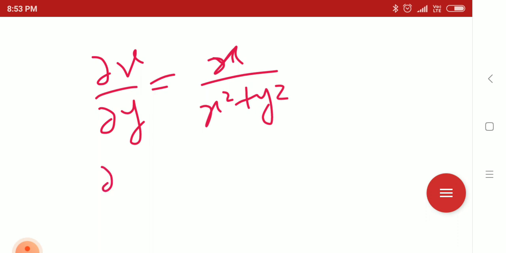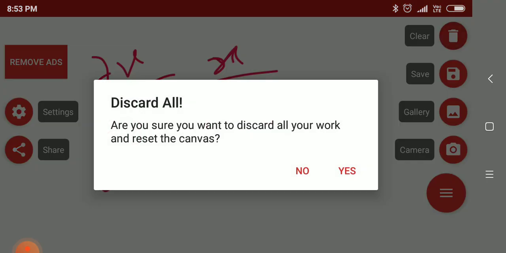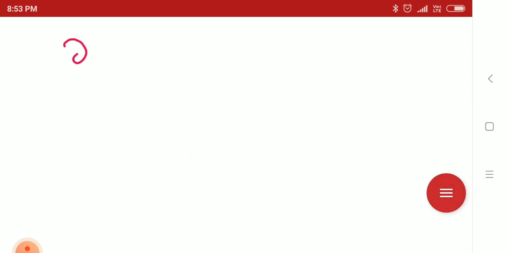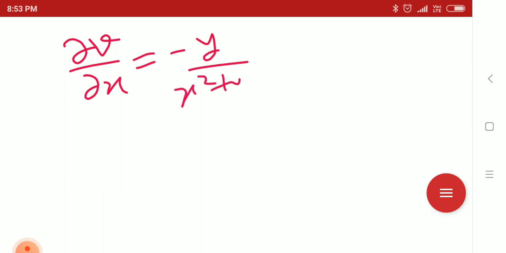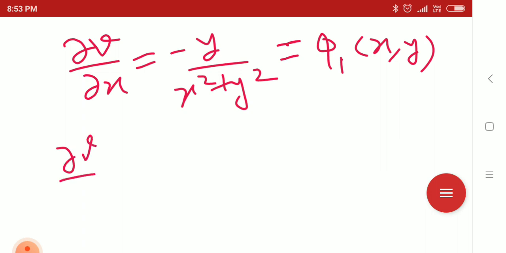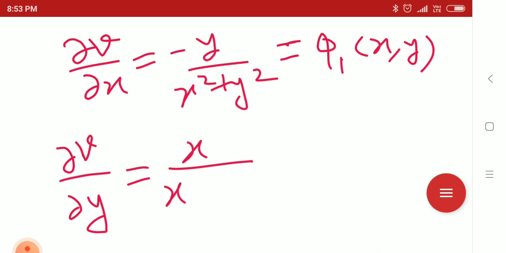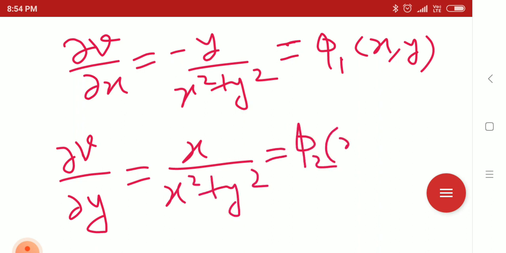Writing all these in one frame so that you can clearly understand: del v by del x equals minus y by x square plus y square, let us consider it phi 1 of x comma y, and del v by del y equals x by x square plus y square, which is phi 2 of x comma y. This is step 1.